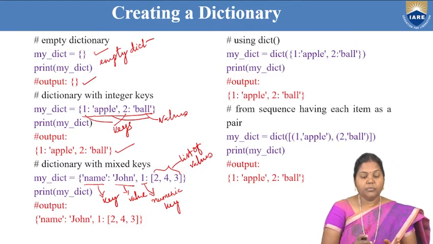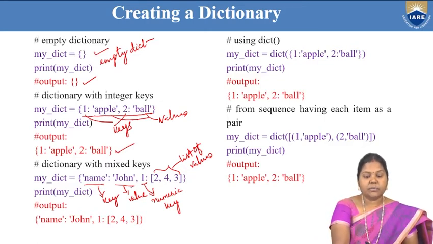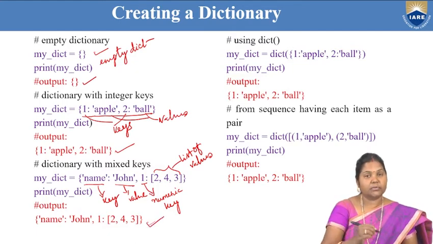So you can take mixed data types while creating the dictionary. Here you can see key value pairs, and the values are nothing but a list of values enclosed within square brackets, and you can create a dictionary like this also.